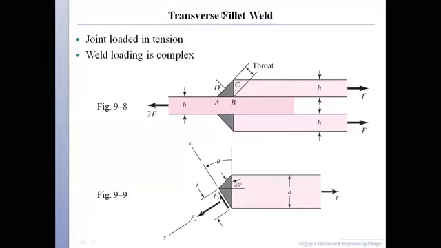When I apply force, if there is this plane, there is going to be one force acting normal, and that normal force we call Fn. And then there will be one force acting parallel to this, which is Fs. That is your shear component.